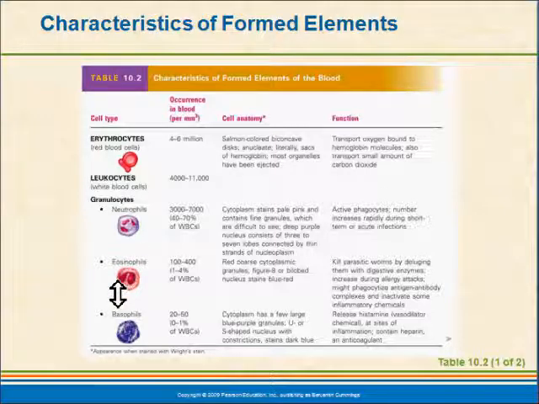Neutrophils are called neutrophils because they don't pick up stain very readily. They are part of a group called granulocytes, and you should know that the granulocytes consist of the neutrophils, eosinophils, and basophils. And the eosinophils are called eosinophils because they pick up a red dye very easily.